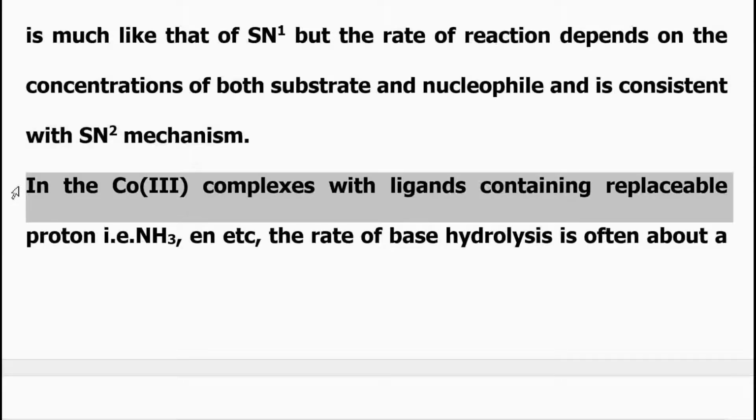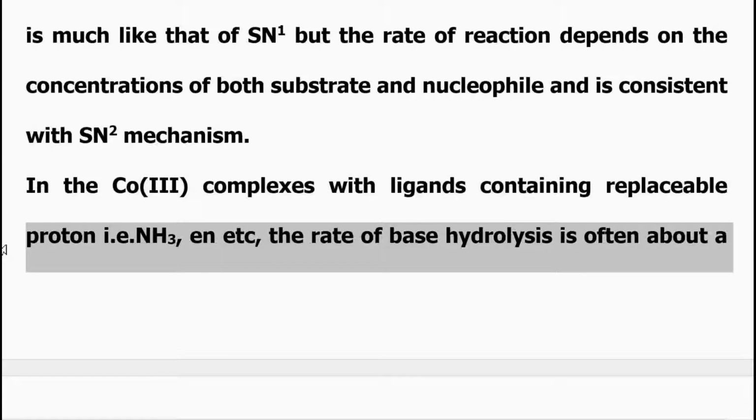Now, in cobalt 3 complexes with ligands containing replaceable protons, see NH3 has a replaceable proton, that is replaceable hydrogen. You can write it as NH3 gives NH2 minus plus H plus. So a proton is there which can be removed sometimes. Then ethylenediamine. Here also you have NH2, CH2, CH2, NH2.